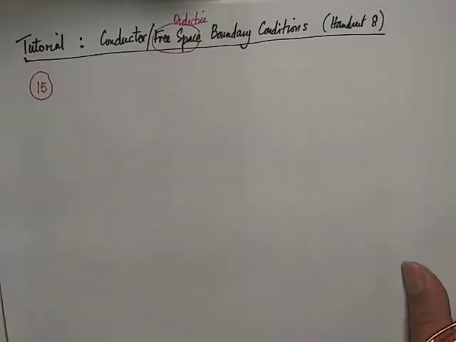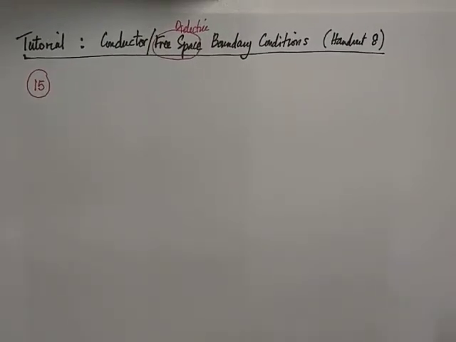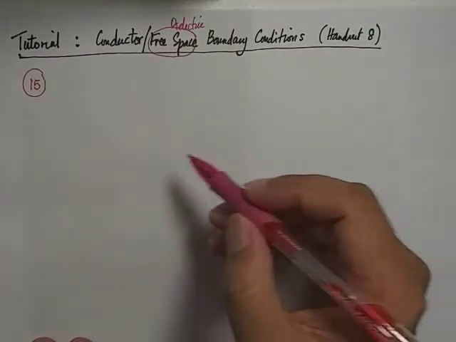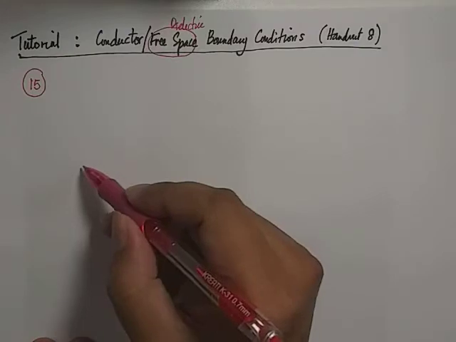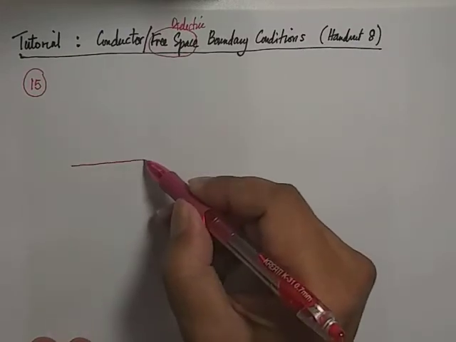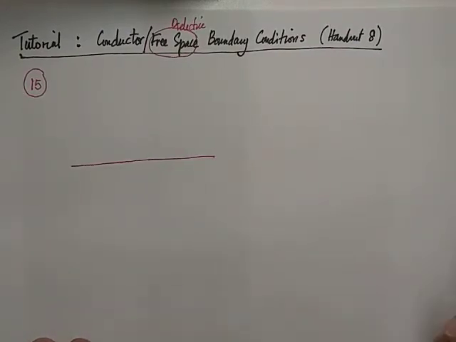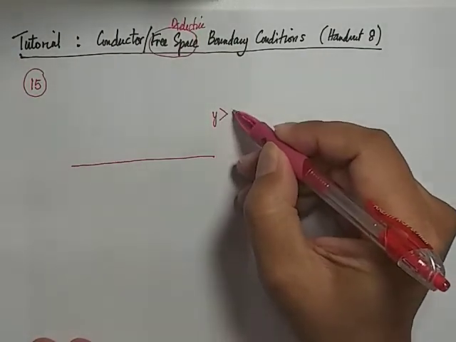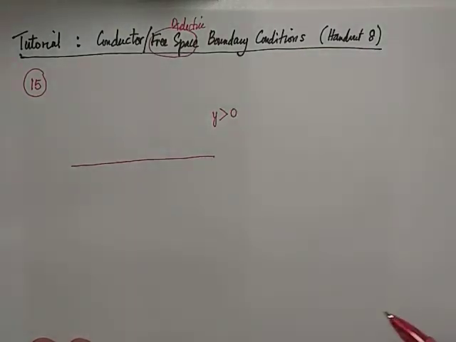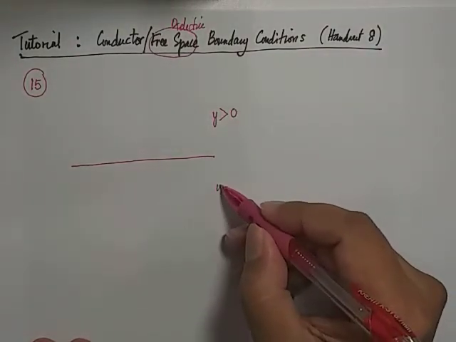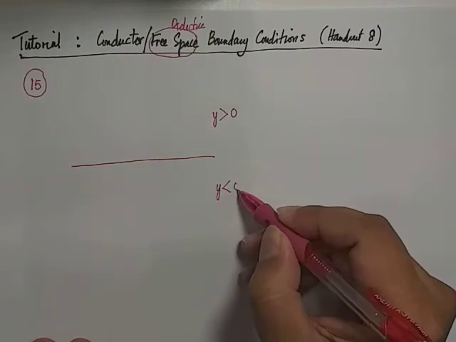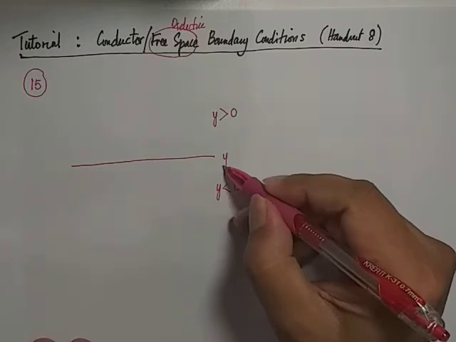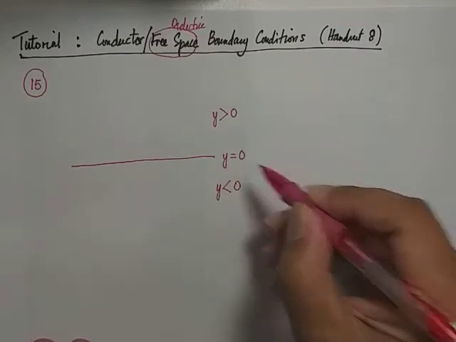I'm going to draw a line representing my boundary. For the region y greater than 0, I'm going to choose the region above the boundary, and for y smaller than 0, the region below the boundary, and y equal to 0 is the equation of the boundary.